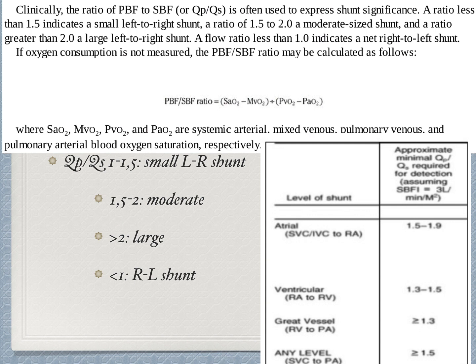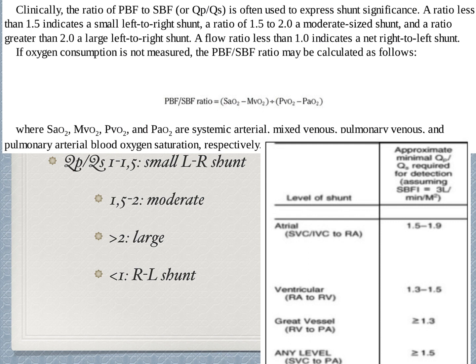So if you have a PBF or QP over QS, it should be 1. If it's more than 1, it means that the QP is more than the QS. It means that there's a left to right shunt. It's a small left to right shunt. If the QP to QS is 1.5 to 2, it's moderate.